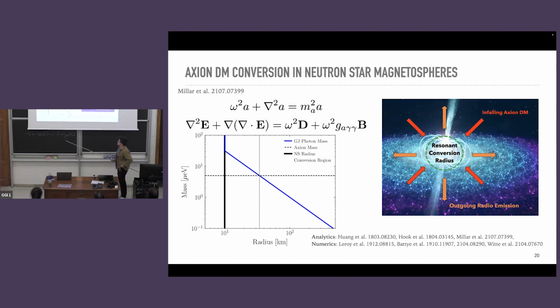Okay, so the point is you can see that there is this mixing, and the mixing is coming in through this term A, where A is our axion field, and B is our external magnetic field. And so if you asked about the effect of this mixing, which would be to say, okay, if I have a background magnetic field and I have some axions that are present, I can go ahead and source some electric field component, and that ultimately looks like a propagating electromagnetic wave with some power associated.